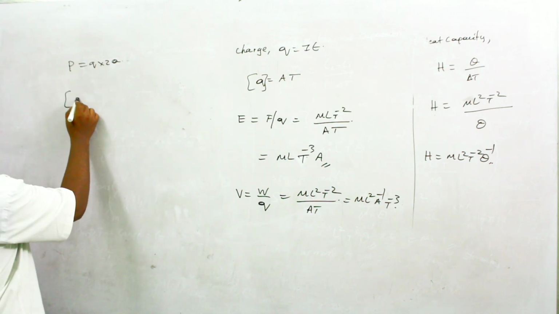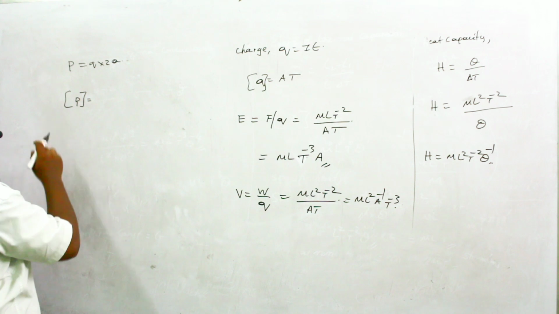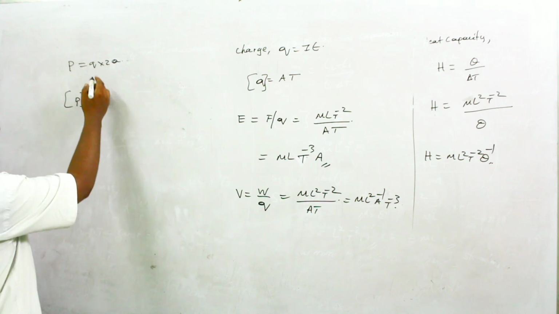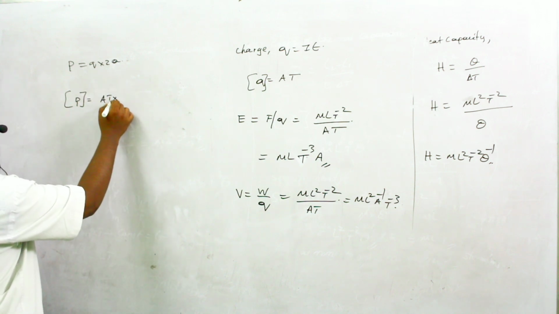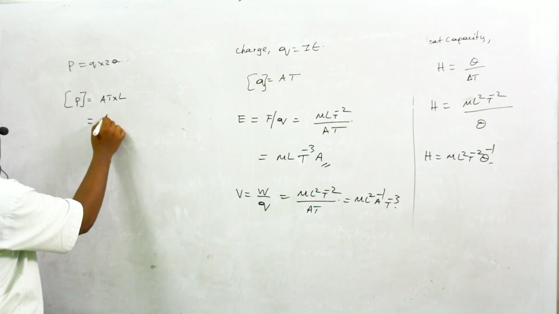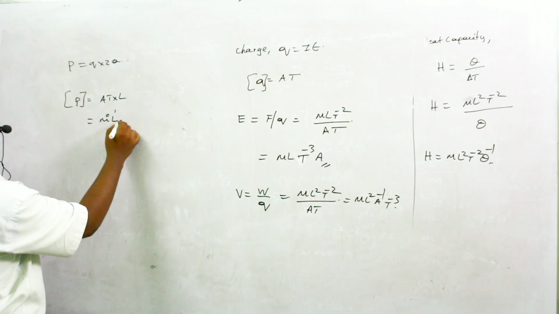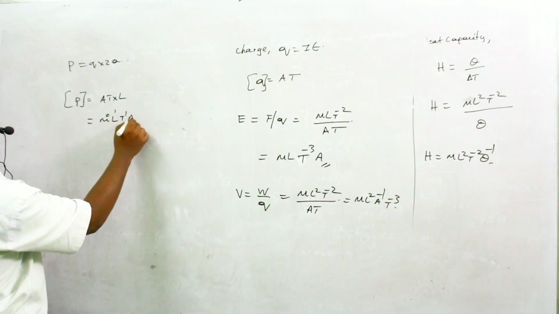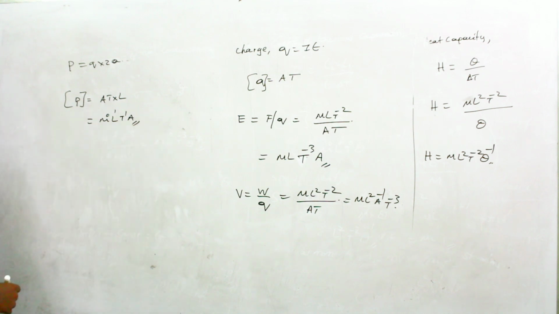Therefore, the dimension of electric dipole moment can be written as AT into L. So M^0 L^1 T^1 A^1 should be the dimension of electric dipole moment.